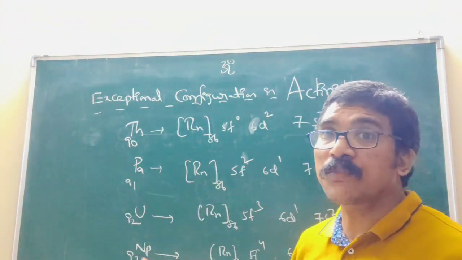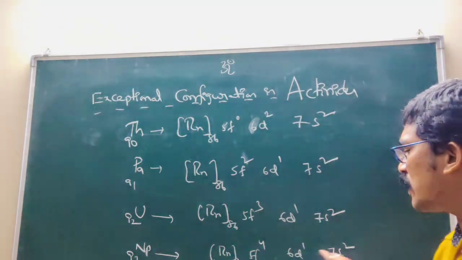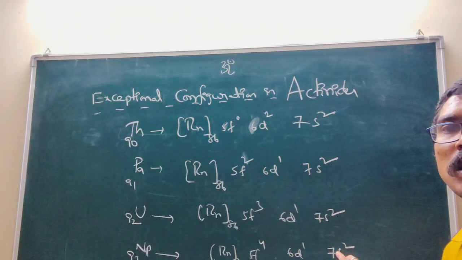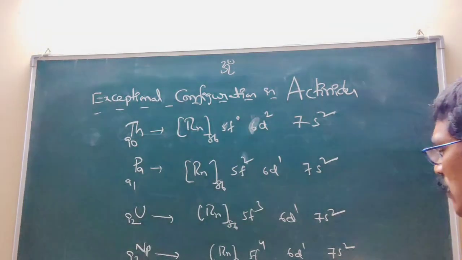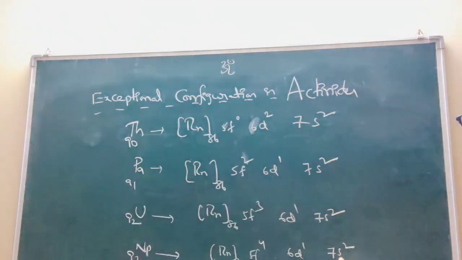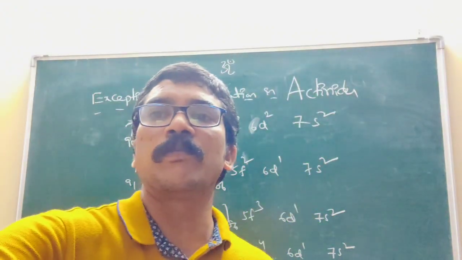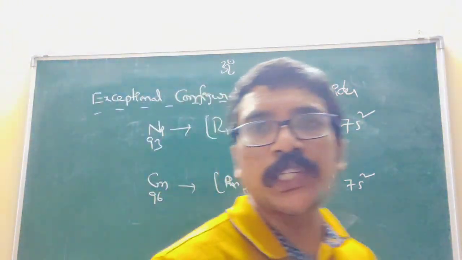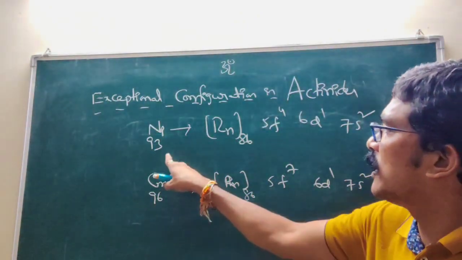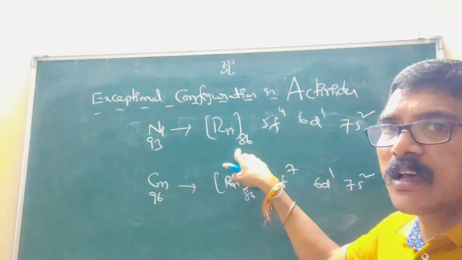Of course, in artificial, the first element neptunium also has some exception. The electronic configuration of neptunium, exceptional configuration, is radon 86, 7s2.